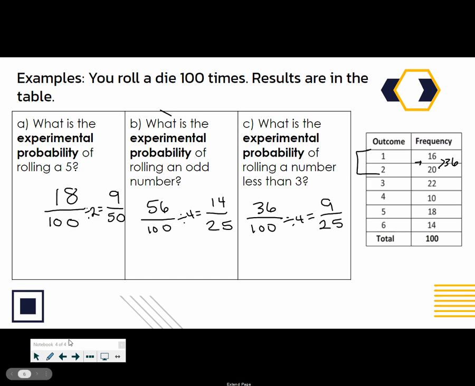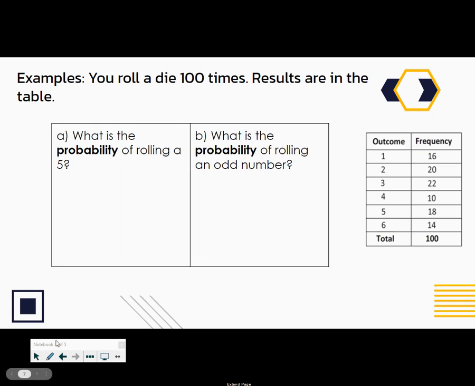Okay. All right, now at the bottom, we're going to compare the experimental probability with the theoretical probability. So we're still dealing with the same table and the dice. We roll the dice 100 times, the results are here. But this problem says, it should say D, sorry. This one says, what is the probability of rolling a 5? There's nowhere in this that says based off of the table or what is the experimental probability.